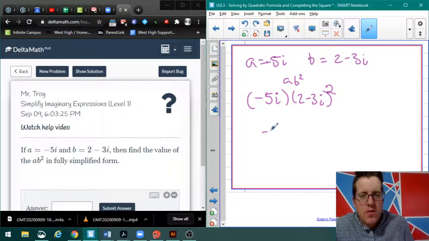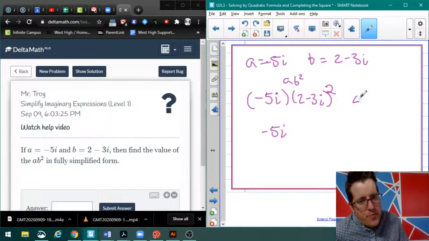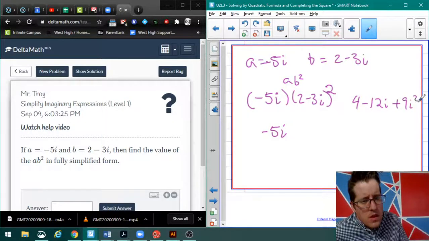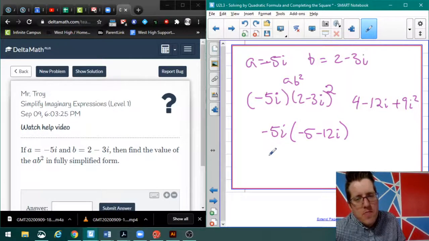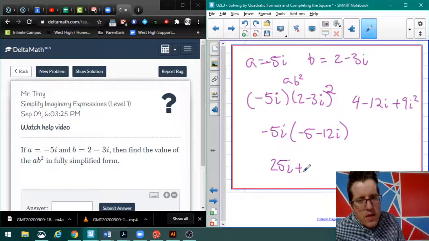Okay, so negative 5i times 4 minus 12i plus 9i squared, which is negative 5. So that's going to give me 25i plus 60i squared, or negative 60 plus 25i.